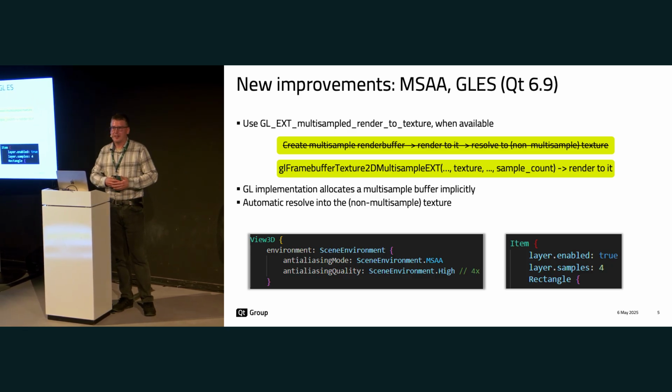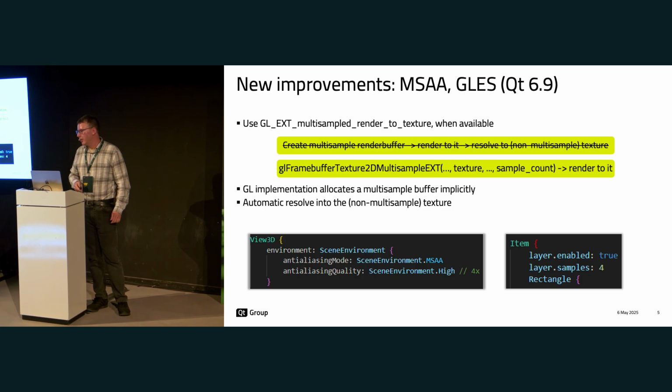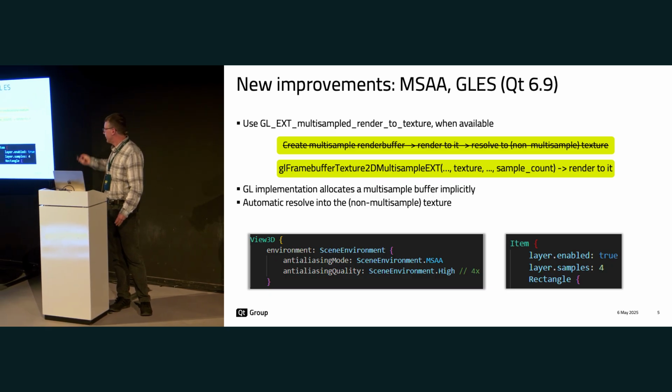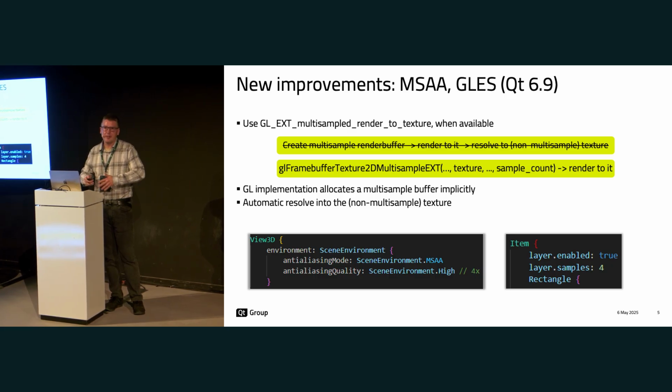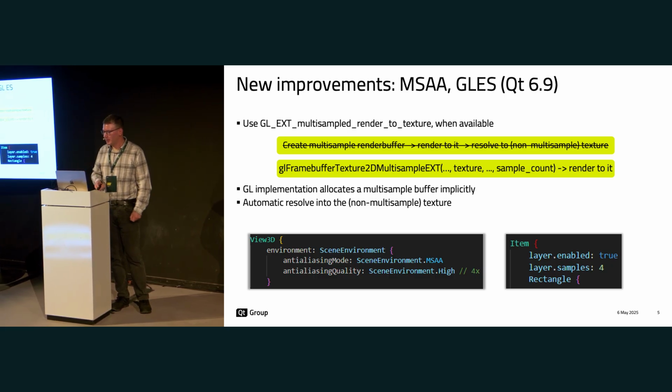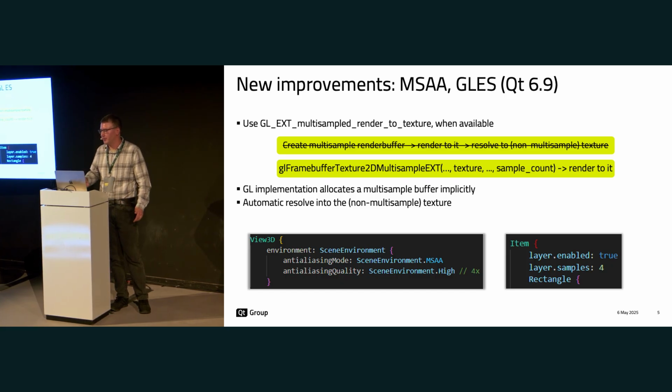This affects, like if you have used Qt 3D, like if you have used a 3D item, that pretty much always goes to a texture, unless you change the settings. But of course in Qt Quick you have a layer that you enable and set the samples to 4 times MSAA. So just having this alternative code path using this quite simple OpenGL function, we just give it our final non-multi-sample texture and a sample count, and we don't bother managing the multi-sample render buffer on our own, and we don't explicitly resolve. So resolve would be a glBlitFramebuffer with OpenGL.